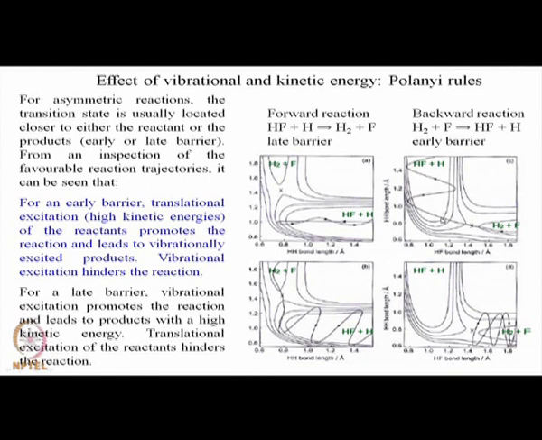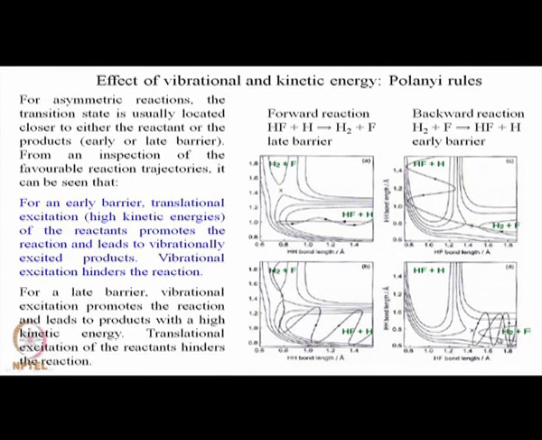Vibrationally excited means it is not following the lowest energy path; the path it is following has higher energy. And if it is vibrationally excited, it goes like this, so it cannot cross this.